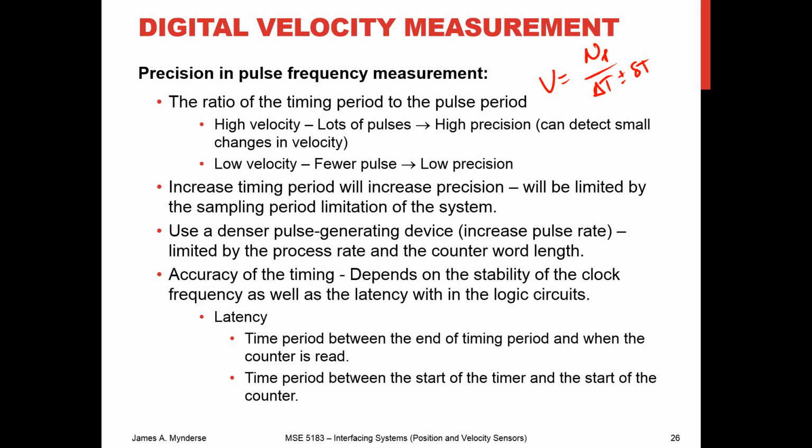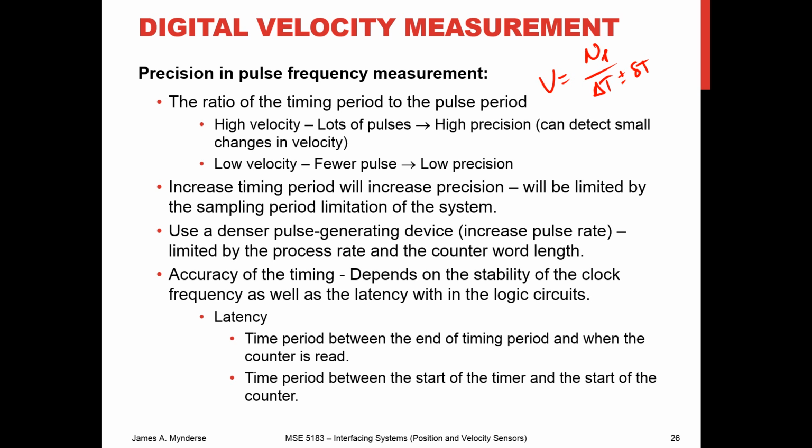We could also use just a different pulse generating device. So if you're using mechanical switches, why don't we add more mechanical switches? If you're using optical, like an optical disc or something that's got alternating transparent and opaque sections, why don't we just go ahead and make them denser? And that way we'll get more counts.